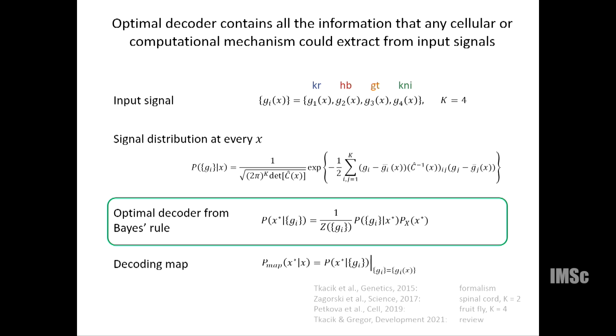And to get this, you apply the well-known Bayes rule. So this is your prior distribution. Initially, you don't know anything about the position. So this is like uniform. The cells, without any signals, you assume they're uniformly distributed, or their fate. Then this is the measured distribution of the signal at every position. And then this is the normalization factor. I will do it step by step on the next slide, so no worries.